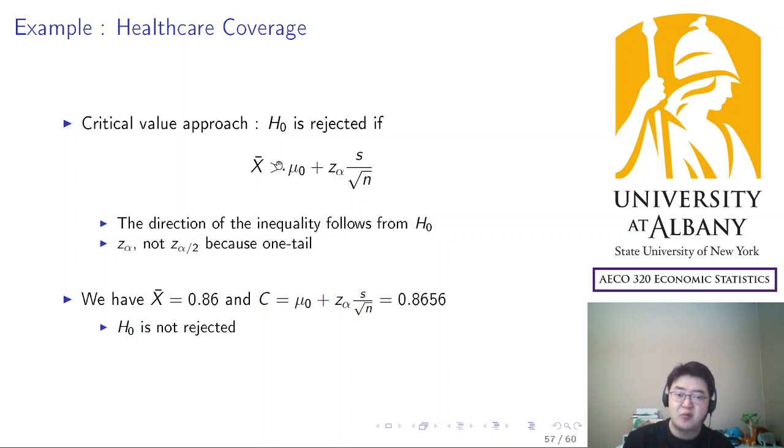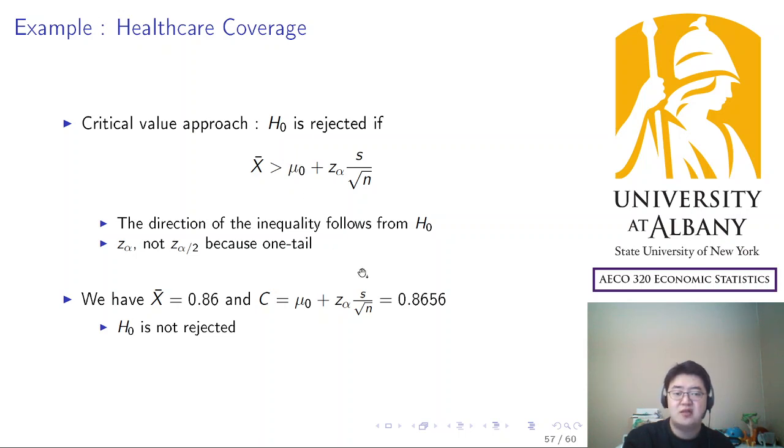Also, you have to remember the direction. So you have to think that H0 is rejected if the sample mean is too large. So your inequality direction should be written this way, and you have to add, not subtract, a margin of error. The margin of error uses the alpha, which is 1.64, and standard deviation 0.4, sample size 100, and of course mu 0 is 0.8.